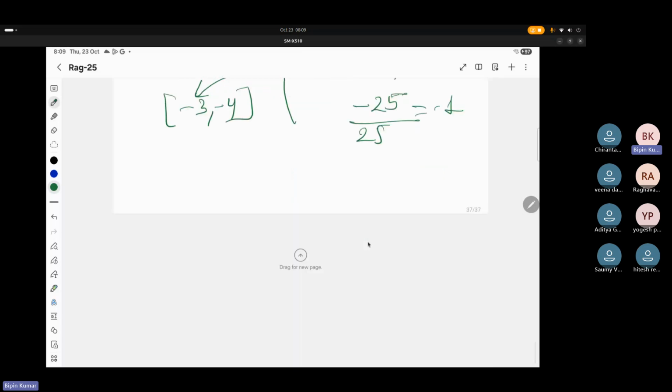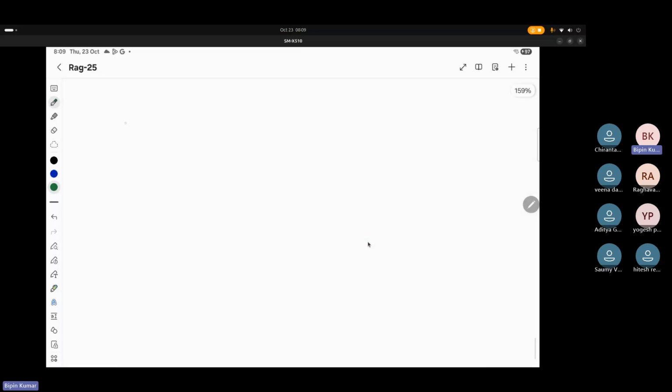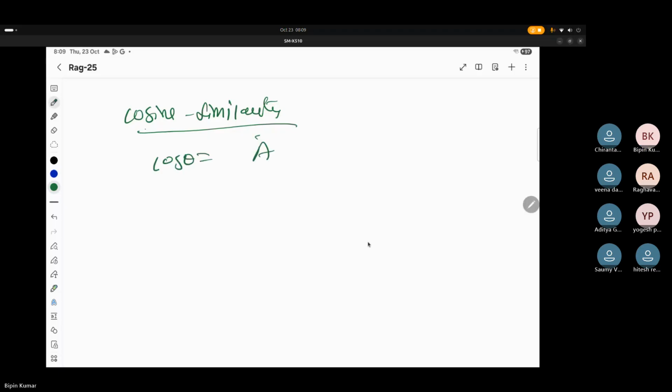So this we call cosine similarity. In vector search, or if you have to retrieve any document, the most famous one is cosine similarity. In cosine similarity, as I said, cos theta, the formula is this one. And there is one more thing, that is cosine distance.